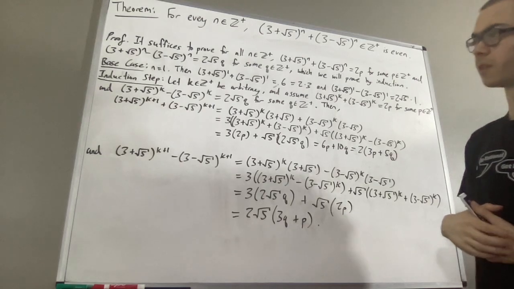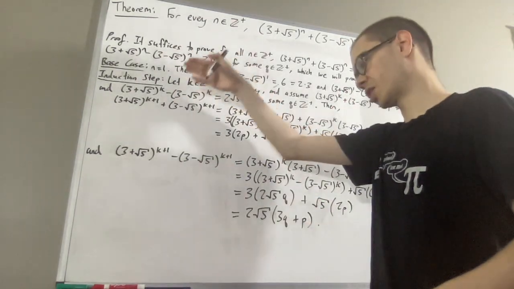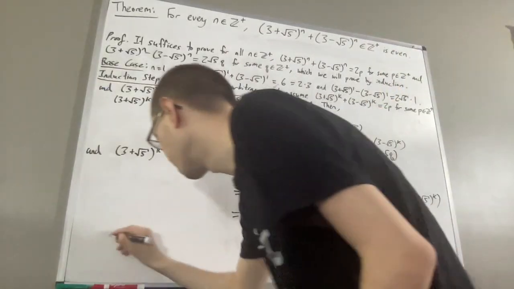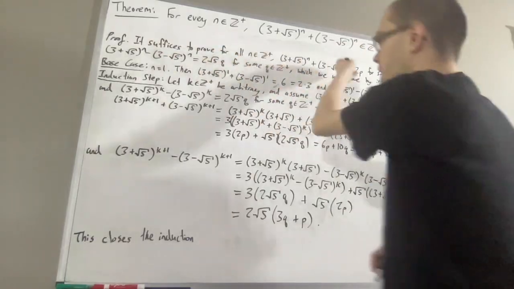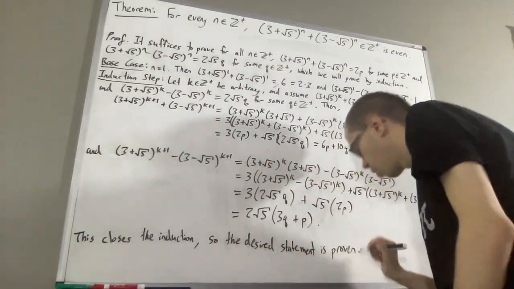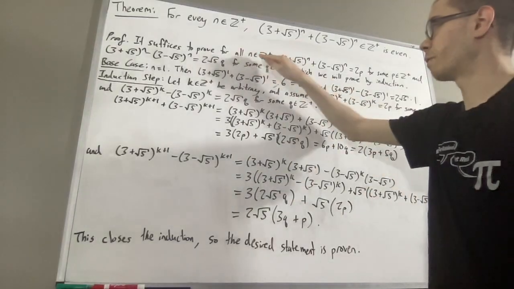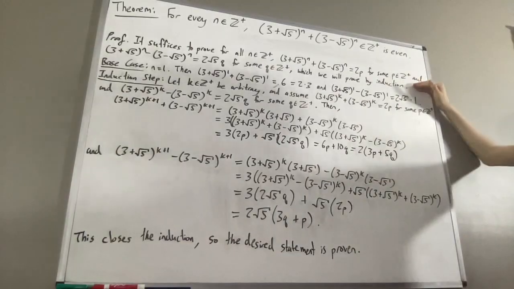So, let's just say, because we completed both the base case and the induction step, this closes the induction. So, the desired statement is proven. Right? That is, we have proven for every positive integer n, this statement is true.